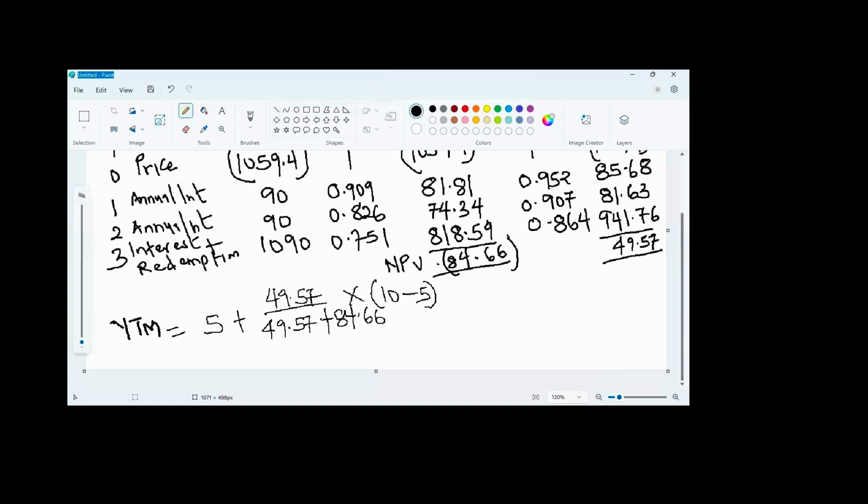Please find an answer. 6.8. Yeah, that's correct. The YTM of this bond is 6.8.